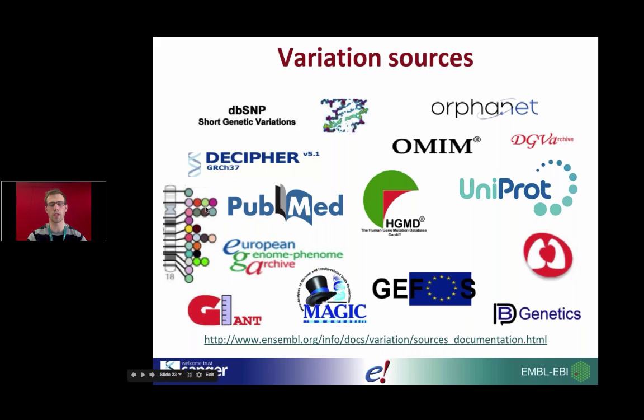We also have incorporated new data from the GWAS catalog, also Online Mendelian Inheritance in Man, and also the DGV archive, which is a database that holds variation data relating to large-scale variants. To find all of the variation sources that we incorporate in Ensembl, you can use the link at the bottom of the page.